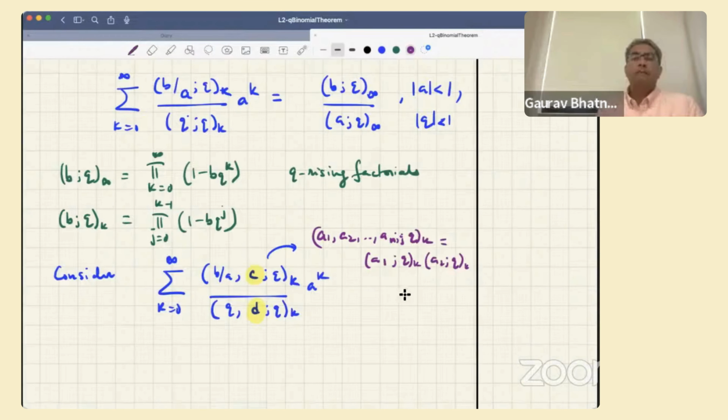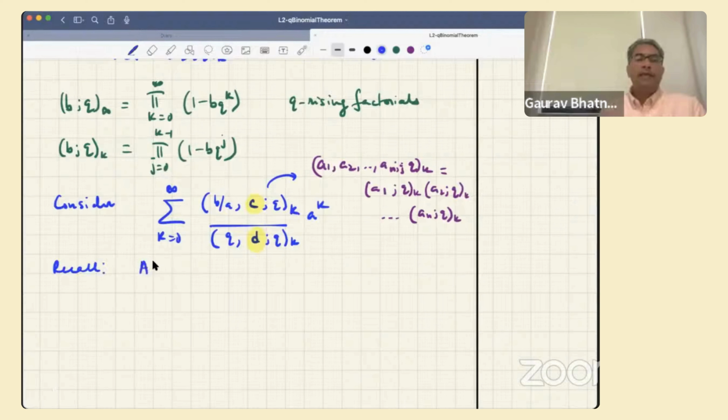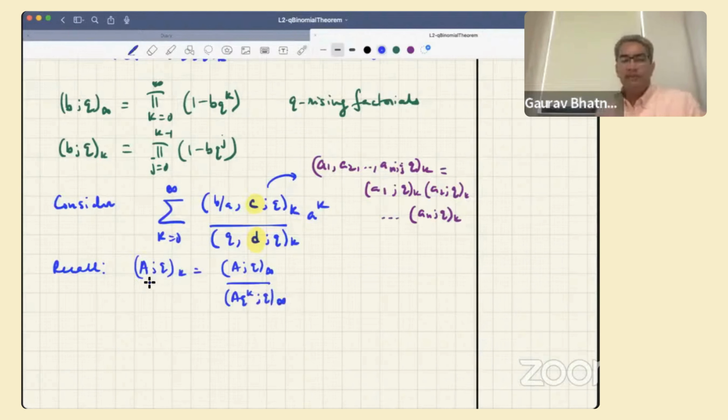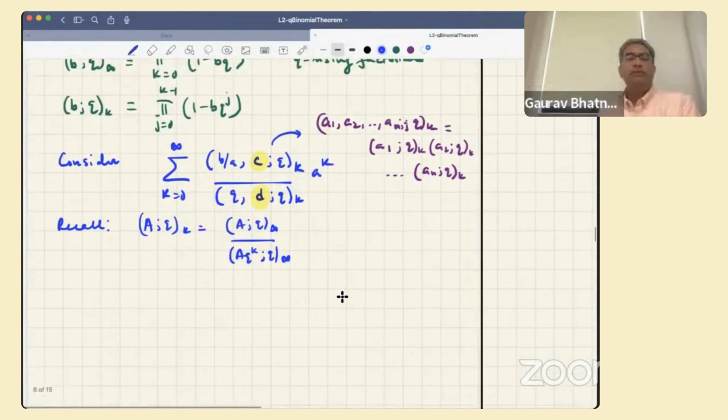Right. And if you recall, (a;q)_k can be written as (a;q) infinity divided by (aq to the k;q) infinity. What are we saying? We are saying just the first k terms here, and after the kth term, these cancel. So this is what we will use.